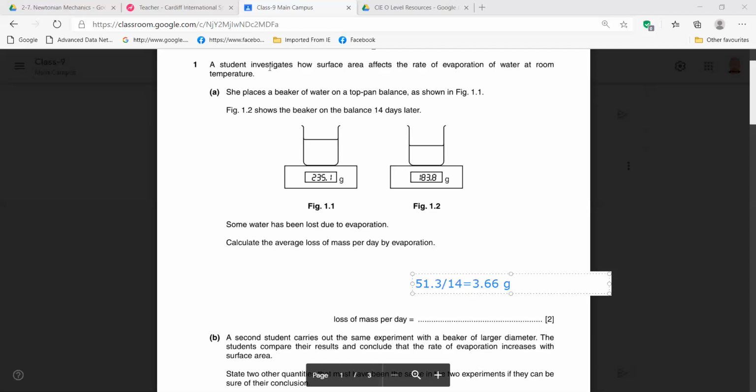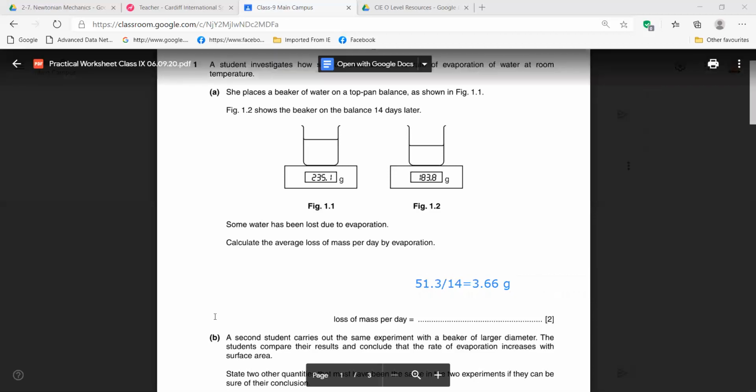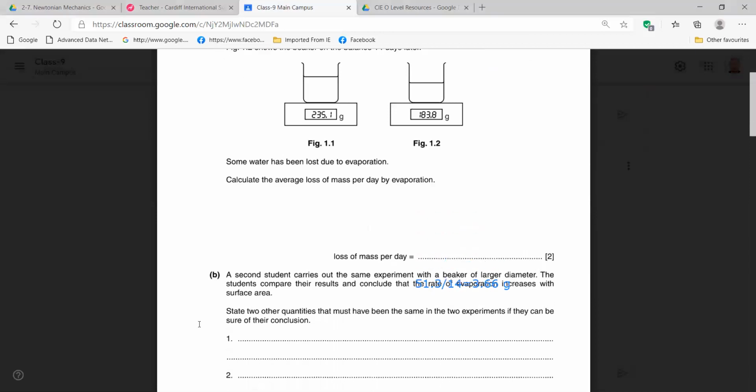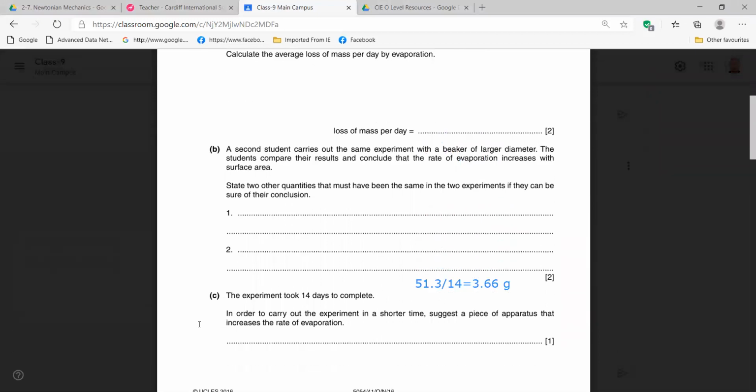The next one: a second student carries out the same experiment with a beaker of larger diameter. The students compare their results and conclude that the rate of evaporation increases with surface area.